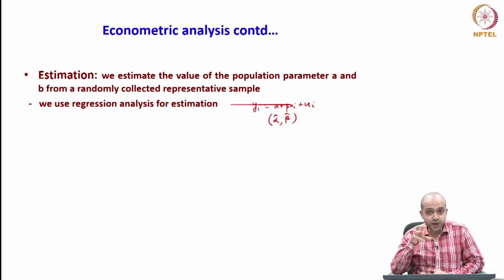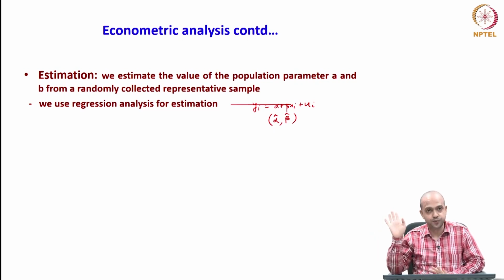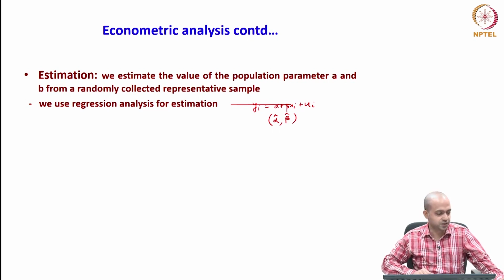So we are going to collect the sample randomly. Why is this so? Without random sampling, we cannot proceed to the remaining steps of our econometric analysis that we will discuss later. So for the time being, we have to keep in mind that we will collect a random sample from the population for our estimation, and the estimation we will do by the regression technique, regression analysis.